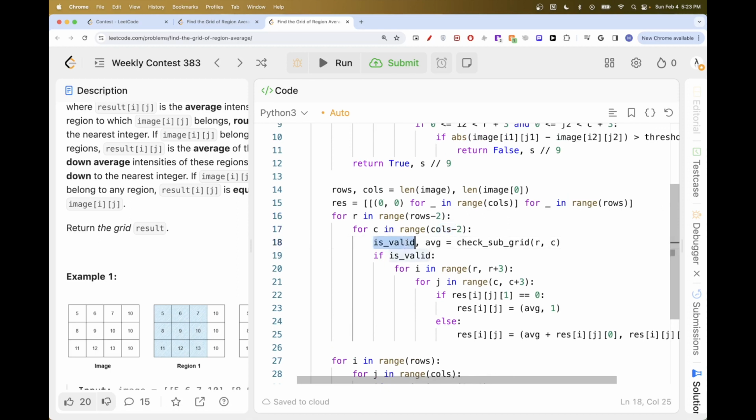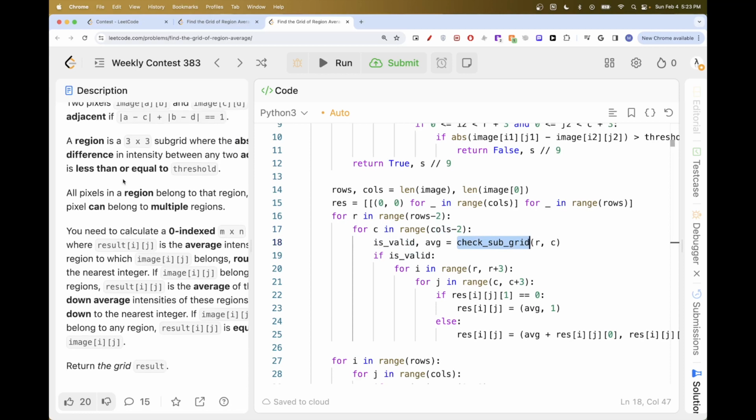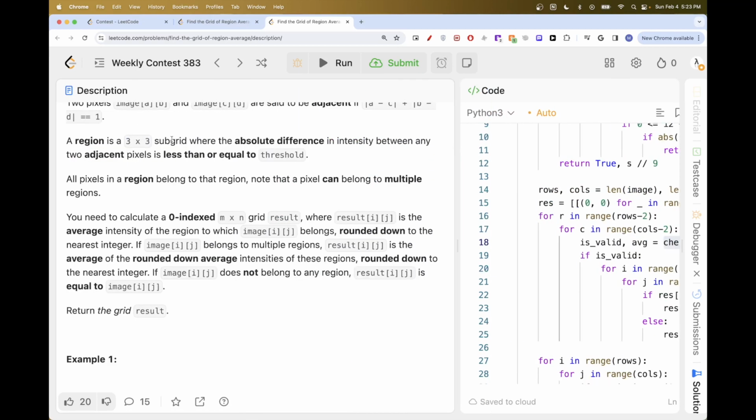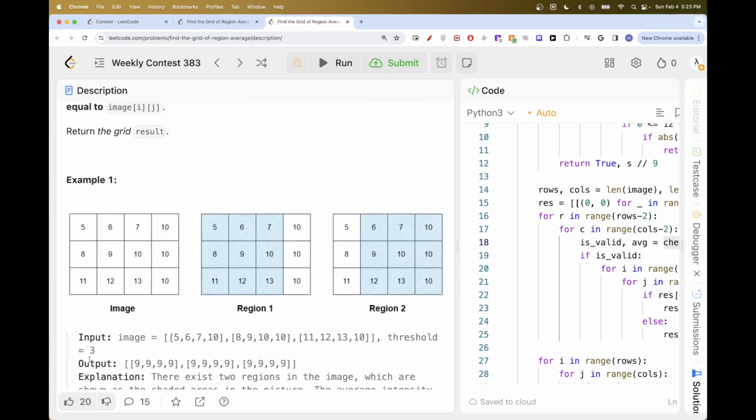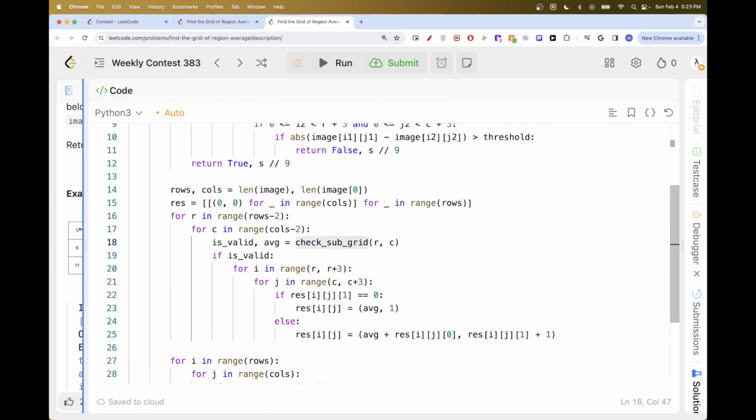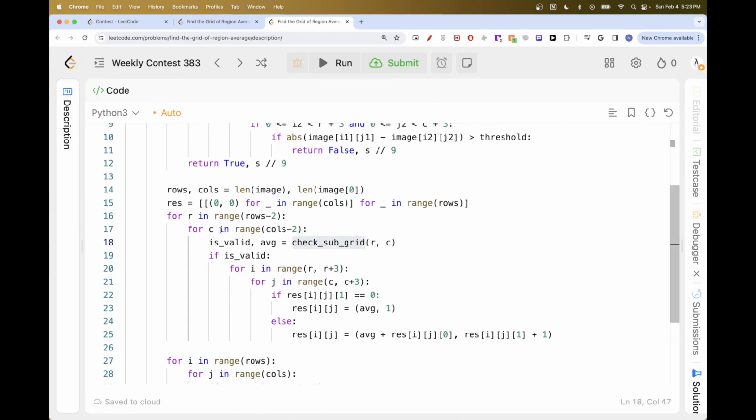So what do we do? We check if it's a valid region using the definition of a valid region here, where basically it's 3 by 3, of course, but also the absolute difference in intensity between adjacent cells is less than or equal to the threshold value, for example here 3. So we are going to check that. We can write the function later.